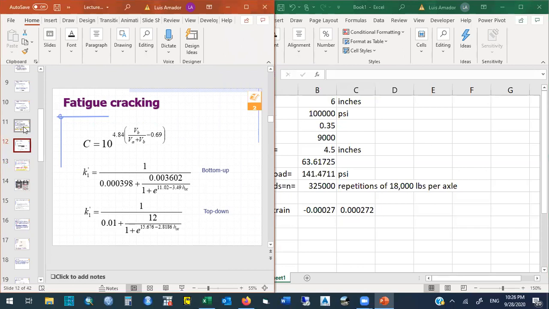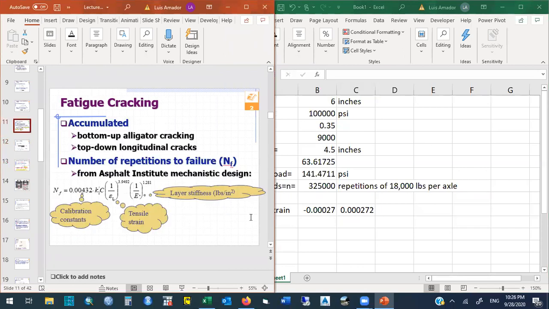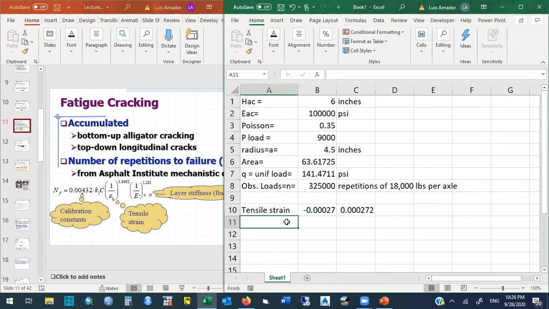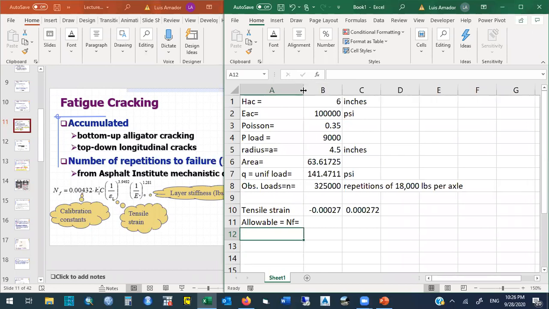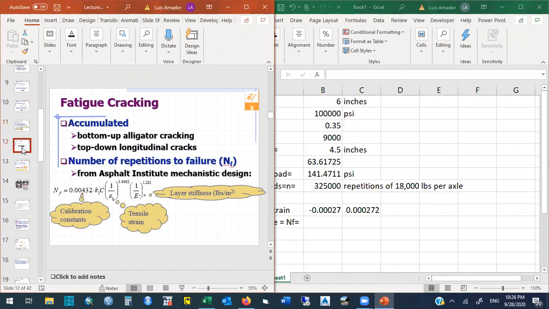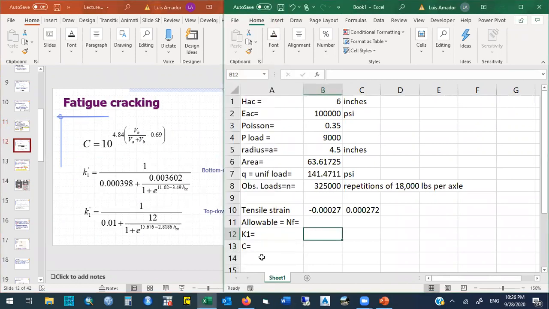Yes. I need to go and estimate the number of allowable repetitions, which is allowable equals NF. You see I need K1 and C, so I'm just gonna calculate K1 and C here, and come back.